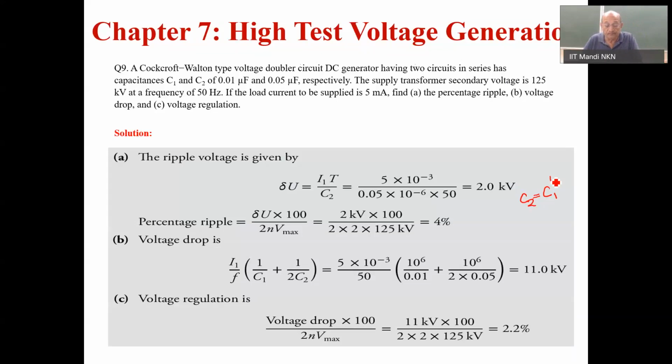And so the percentage ripple will be given by delta U, that is the drop in the voltage, multiplied by 100 upon 2 pi V max, that is omega. 1 upon T is F, so that is taken care of.